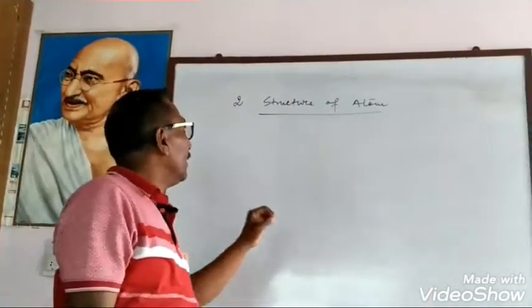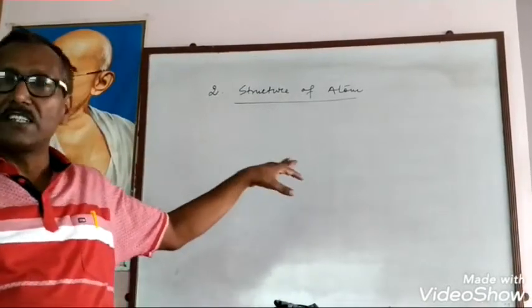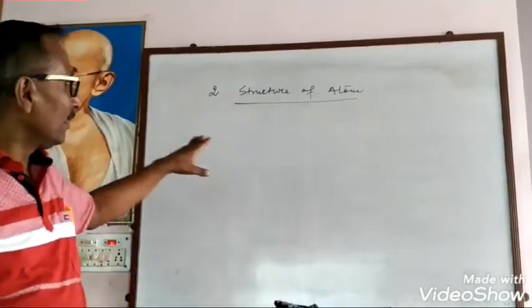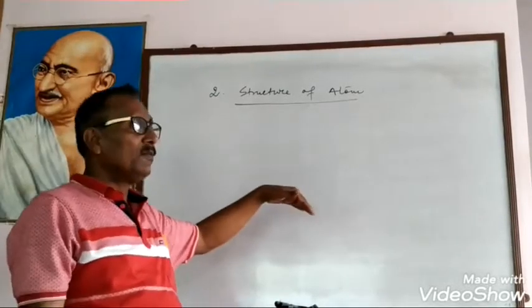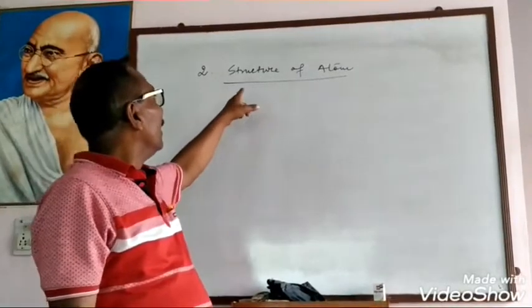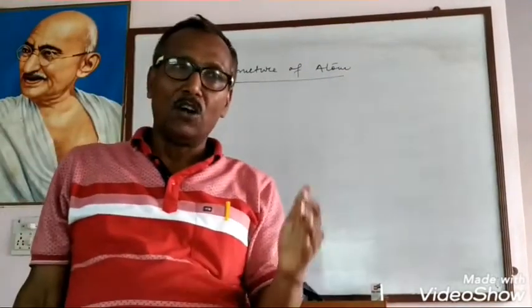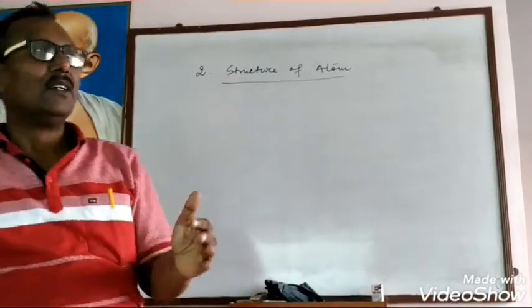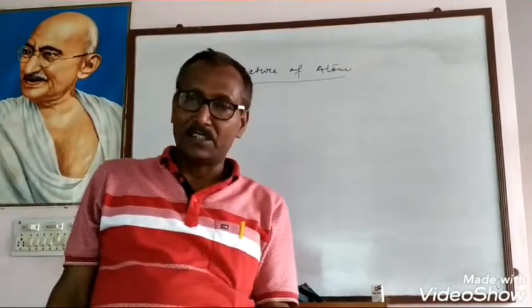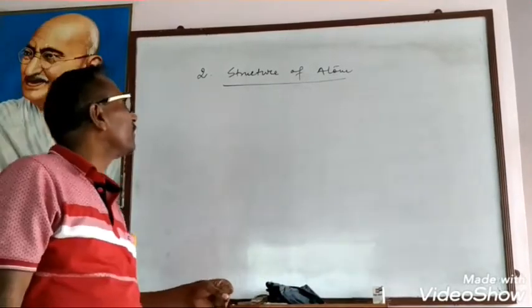But here the same chapter is given in extensive form, I mean in detailed form. The content is detailed in structure of atom. So let us recap all these things that we have discussed earlier in class 9.